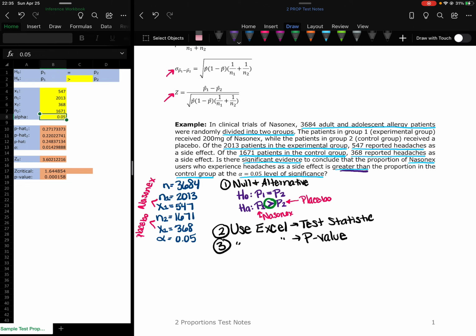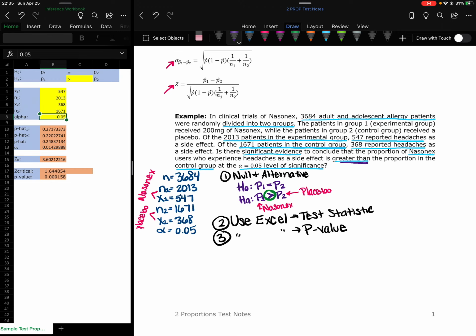So we've got just under 25% of our experiment as a whole are getting headaches. And then our standard deviation value. But what we want is that test statistic. So that's our Z with the 0 next to it. 3.6021.